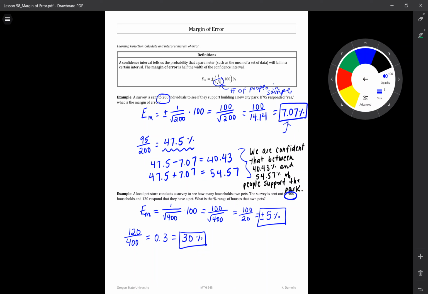So if I take 30 minus 5, I get 25%. That's our lower end. And if I take 30 plus 5, I get 35%. So we are confident that between 25 and 35% of people own pets.